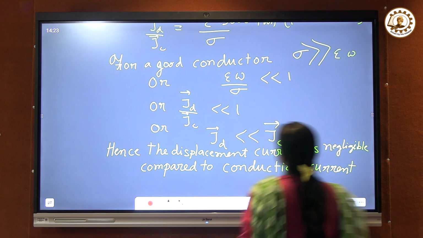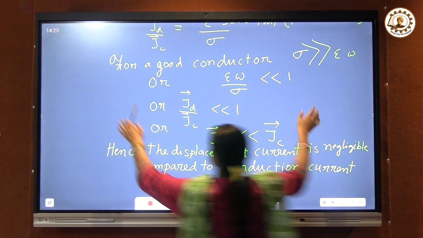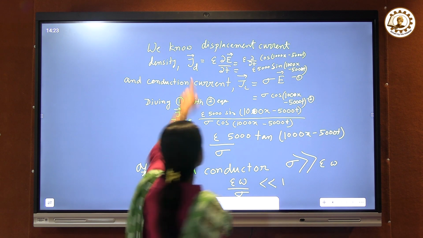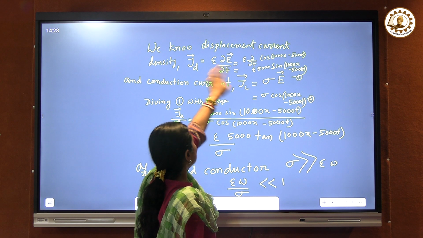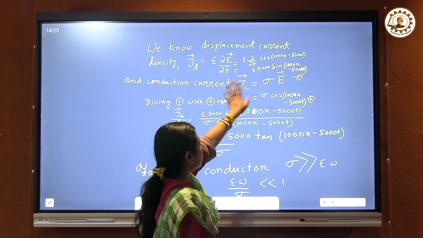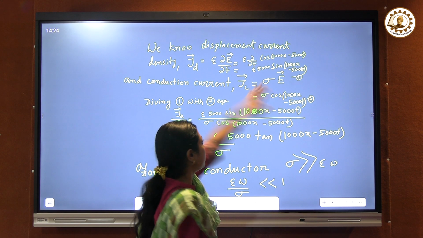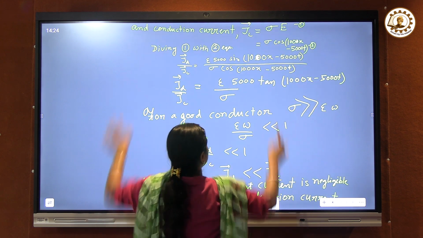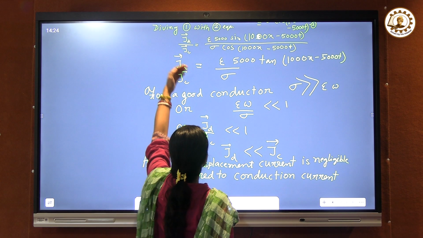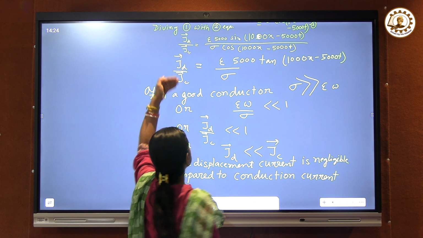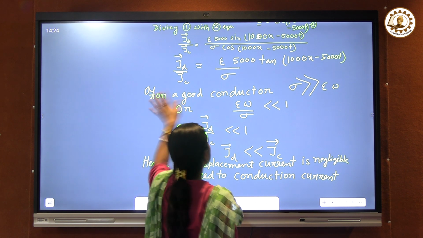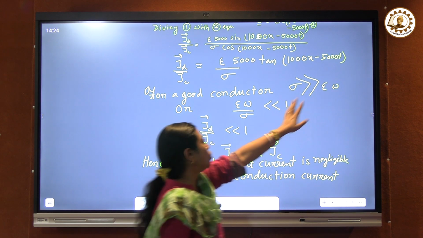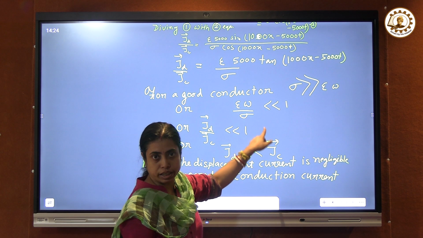And again, here it's a logic. What we have done here is write the displacement current density, epsilon del E by del t, and JC, the conduction current density, equal to sigma E. We have taken the electric field as they have given us. Then we took the ratio of displacement current density to conduction current density and used a logic. What is the logic? Sigma is much greater than epsilon omega for a good conductor.